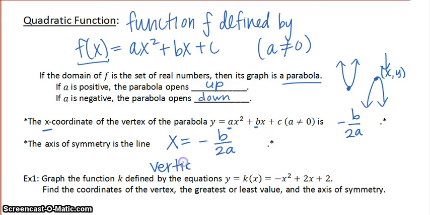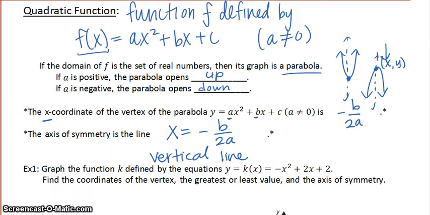And that should make sense because if I were to draw an axis of symmetry over here, I'm doing a dotted line for the axis of symmetry. It's a vertical line, up and down. Okay, so we're going to keep that in mind as we graph and find different features of a quadratic function.